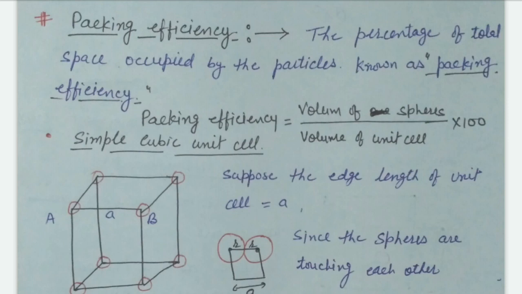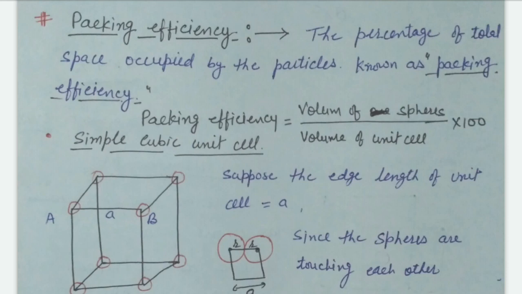We can find out packing efficiency by a formula: volume of sphere upon volume of unit cell. It is a percentage, therefore multiply by 100. That is clear.